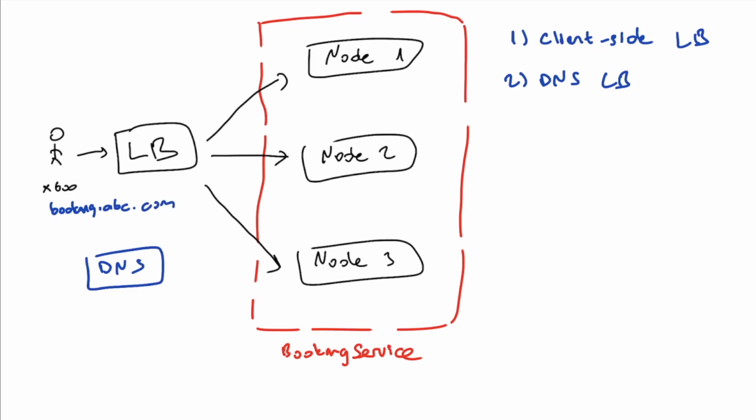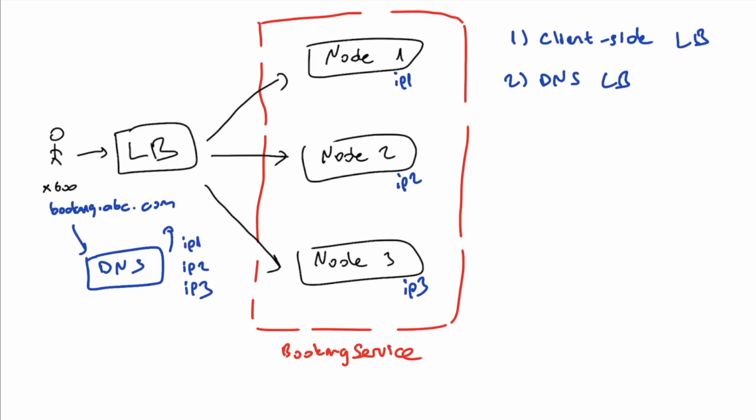And when they use this URL, it will go to the DNS server. And since this service owner is also owning this domain, they can just configure whatever they want. So for booking.abc.com, they can say whenever somebody tries this URL, just return them one of these three IP addresses, IP1, IP2, IP3, and those are the IP addresses of these nodes.